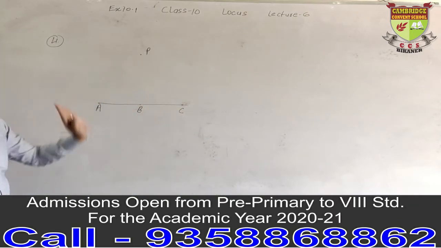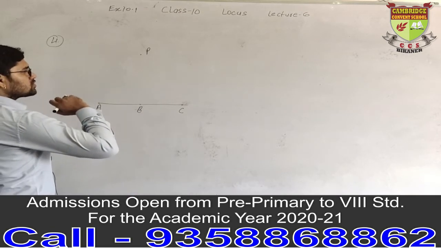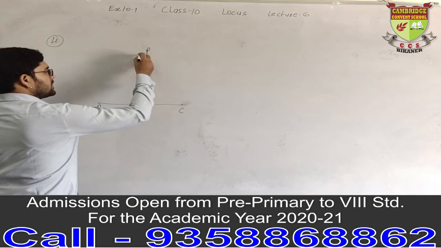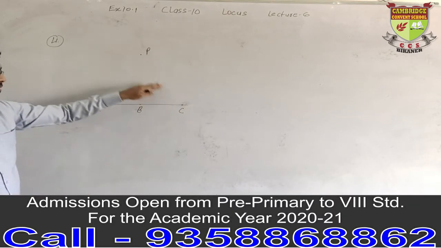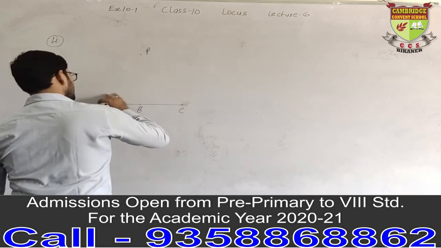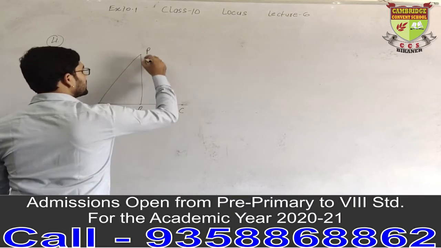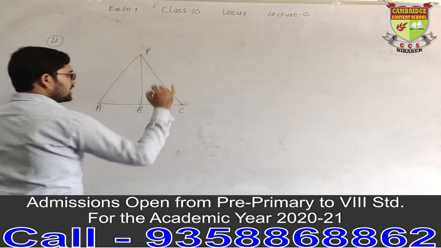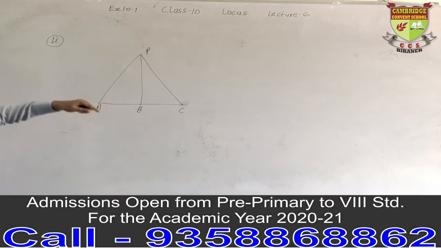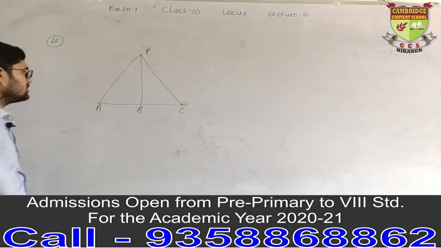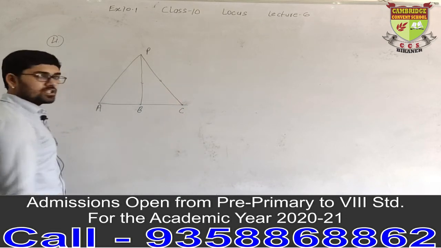So the question wants us to prove that P is at equal distance from A, B and C, that is, PA equal PB equal PC. This distance and this distance are equal.